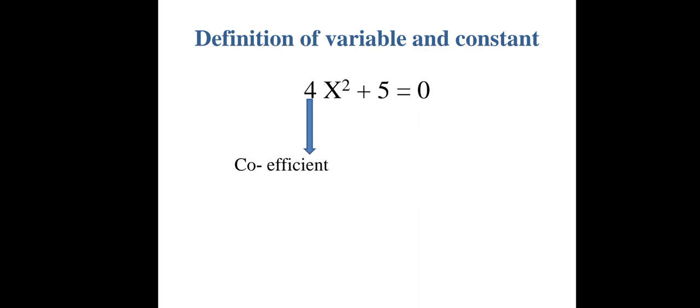So the first one will be the definition of variables and constants. In this we have taken one example, 4x² + 5 = 0. Here x will be the unknown value, right?